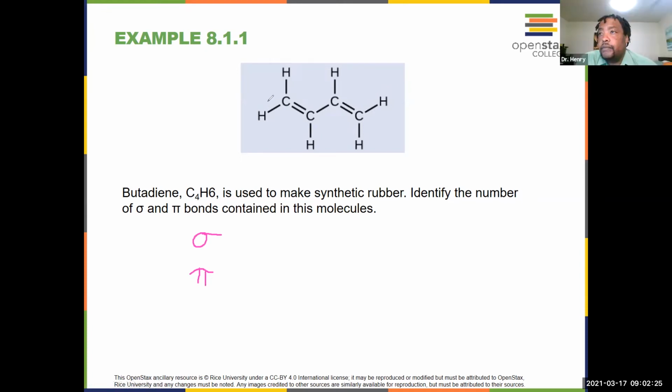So let's count them: 1, 2, 3, 4, 5, 6, 7, 8, 9. And then how many pis? 2. 1, 2. Piece of cake?